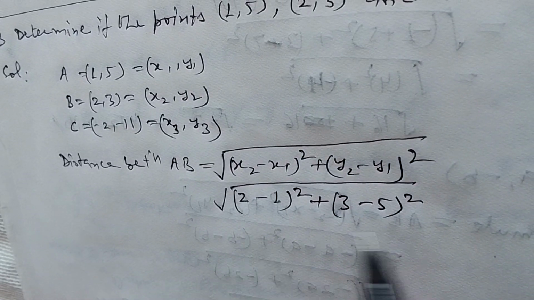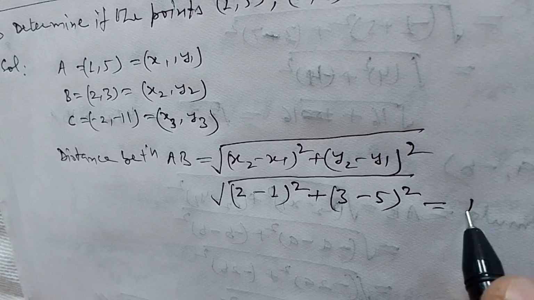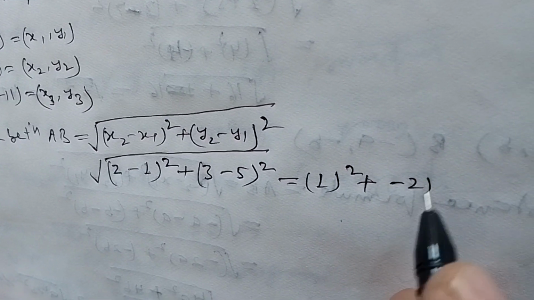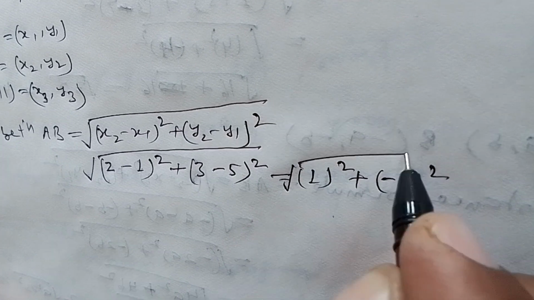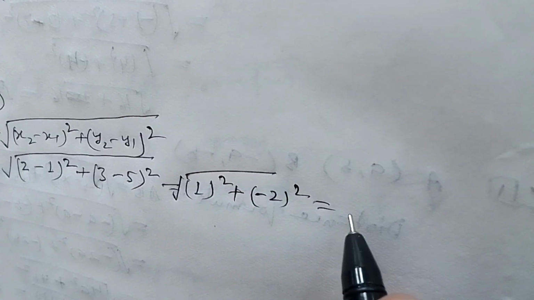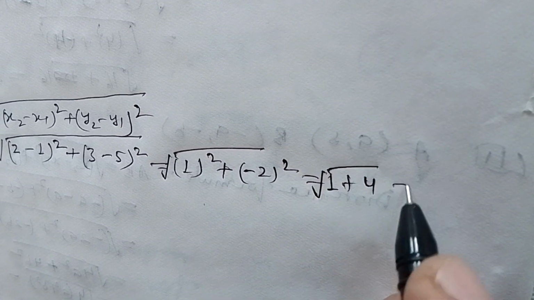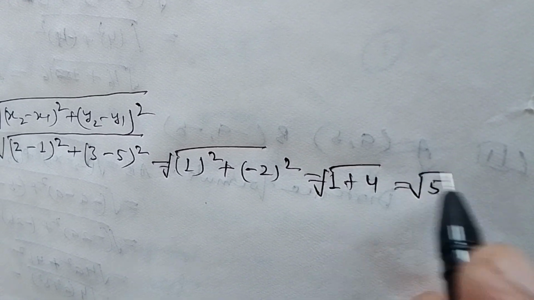It will come out to be (2 minus 1) which is 1 square plus (3 minus 5) which is minus 2 square. So it will come out to be 1 plus 4 under root. The answer comes out to be 5 under root.